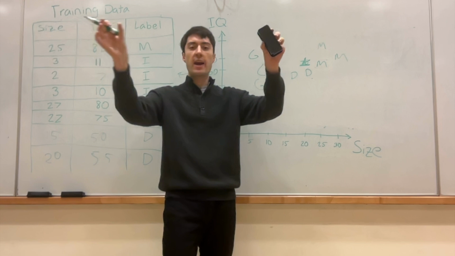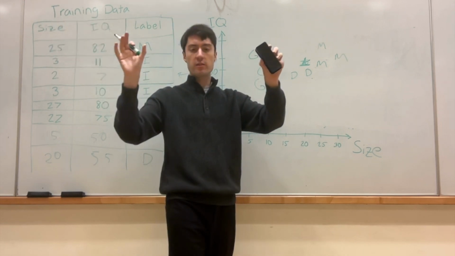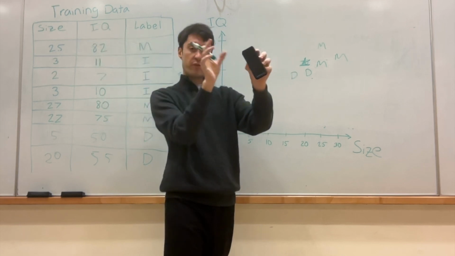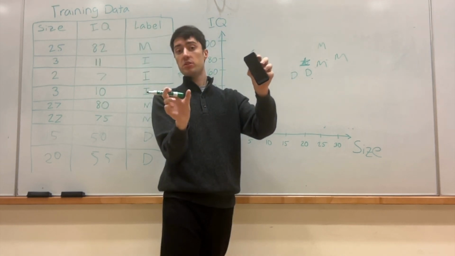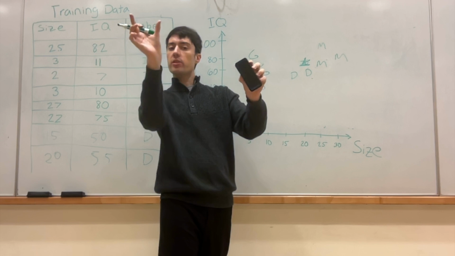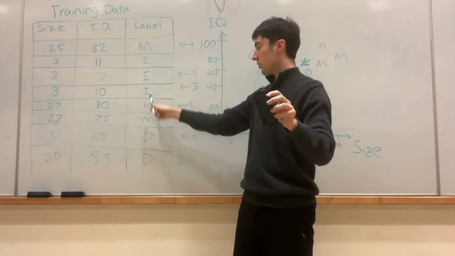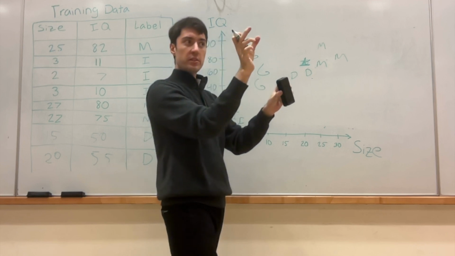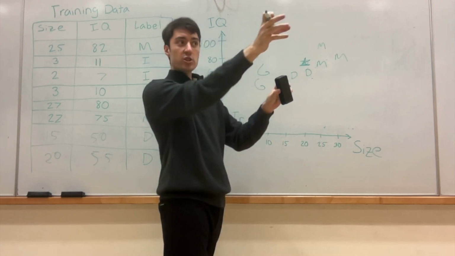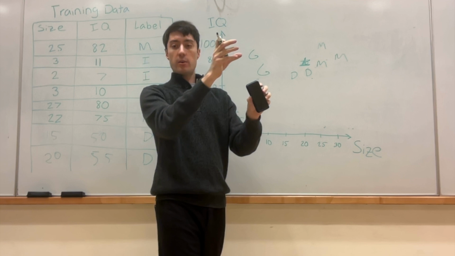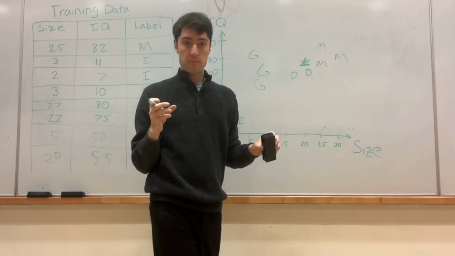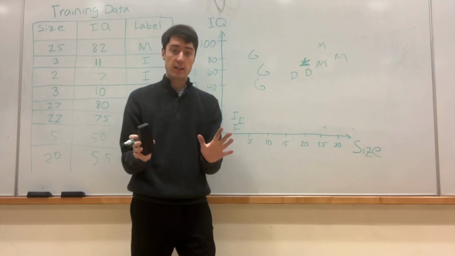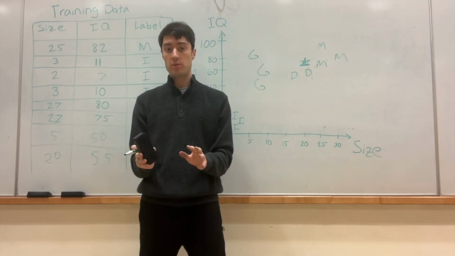Then I take the k, however many, let's say that it's k equals 3, so I'm going to find the first, second, and third closest points. I'm going to look at their label because I know it, it's in the training data. I'm going to take the classification which is the most occurring, and then predict that. Okay? That's the basic idea behind K nearest neighbors.